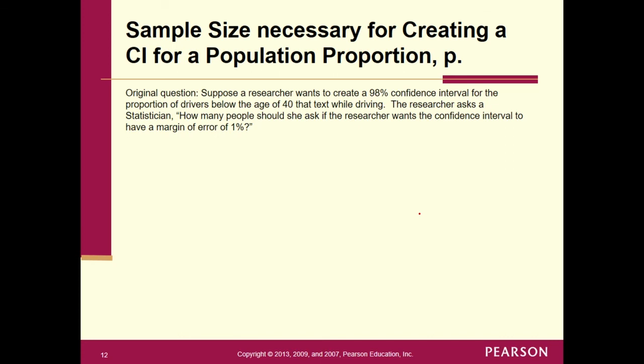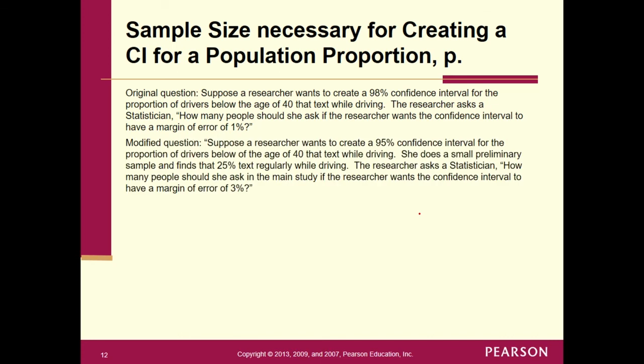So there was the original question. Here's the modified question. Suppose a researcher wants to create a 95% confidence interval, instead of 98. She does a small preliminary sample and finds that 25% text regularly while driving. Might be more than that, but we'll see. I don't know for real.